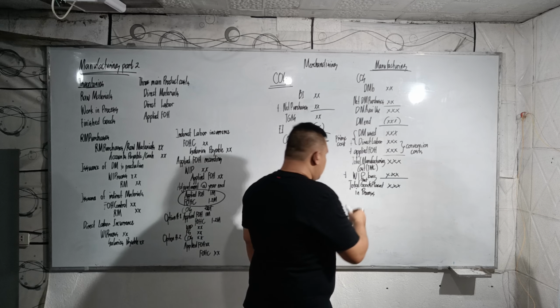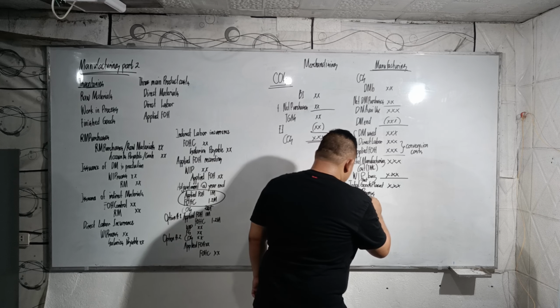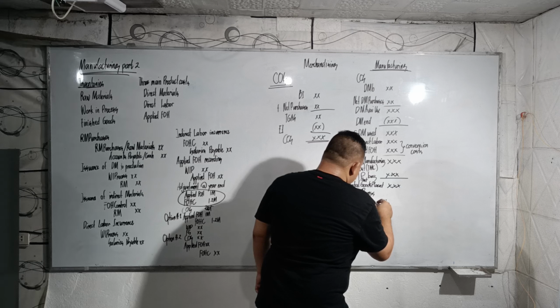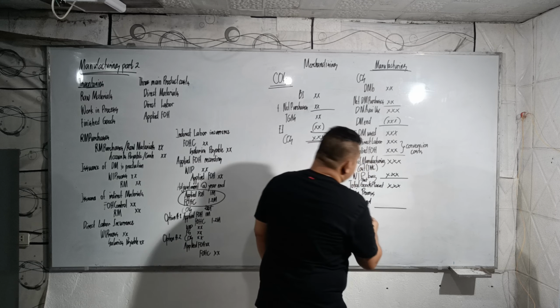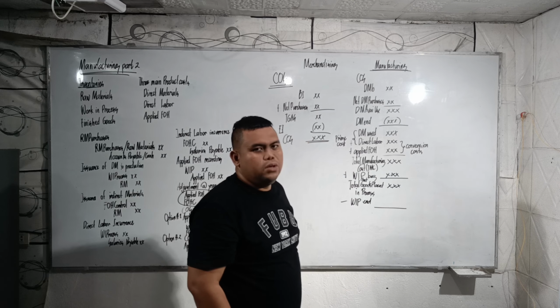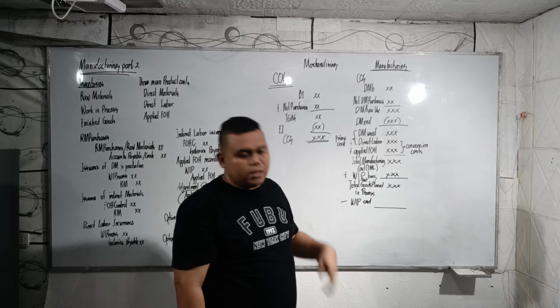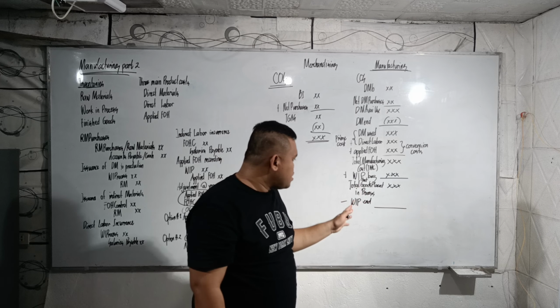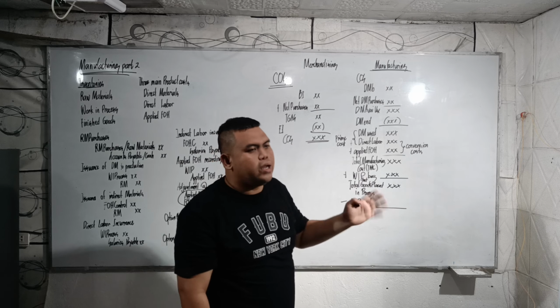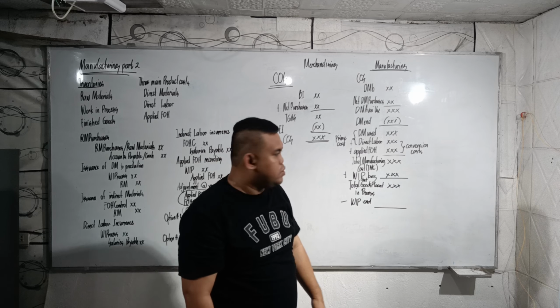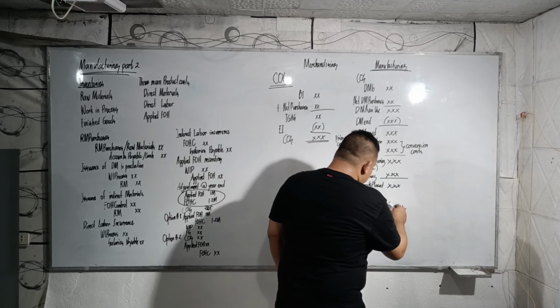Now, of course, if you're not going to finish it, then you have to establish the work in process end, which is composed of direct materials, direct labor, and applied factory overhead for the goods that are not finished at the end of the period. And the total, you have to put it right here.